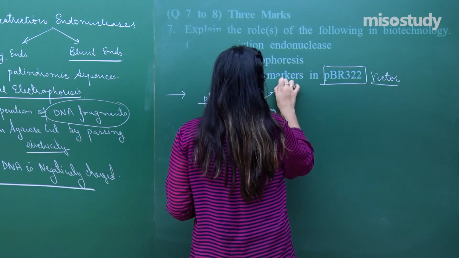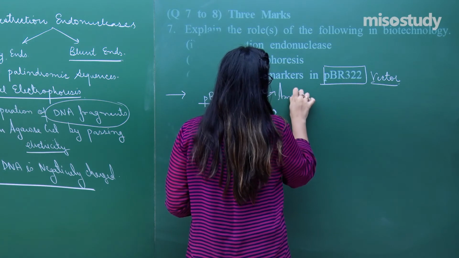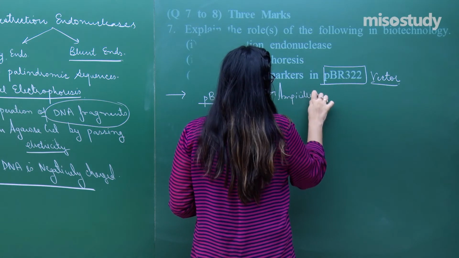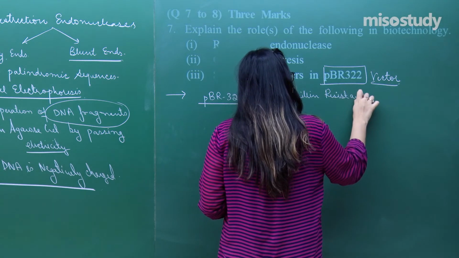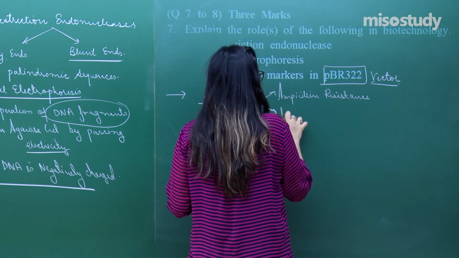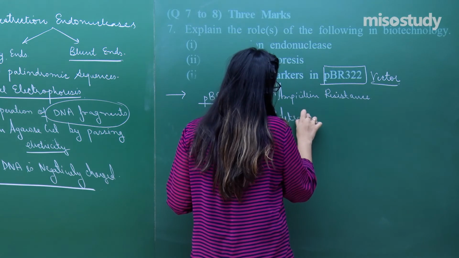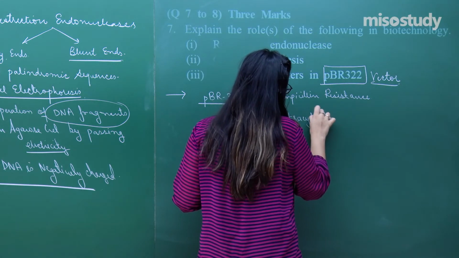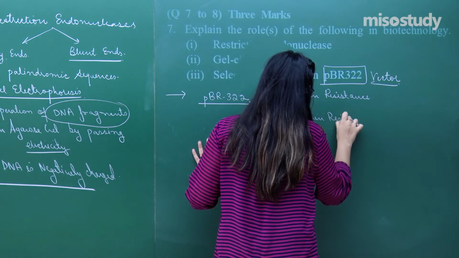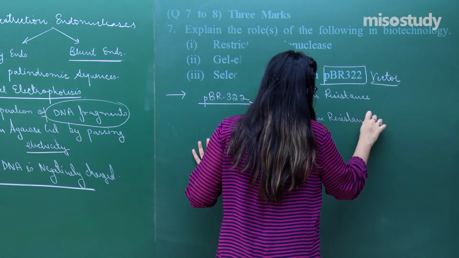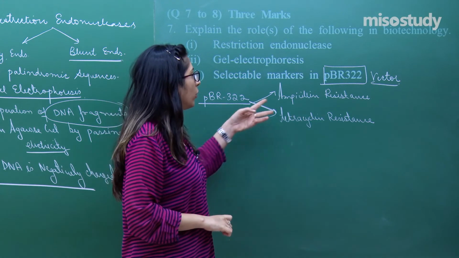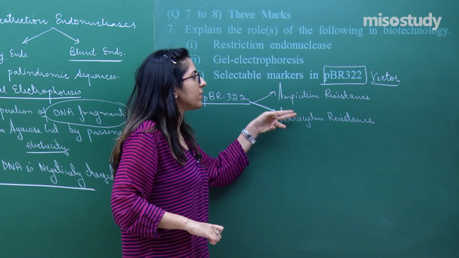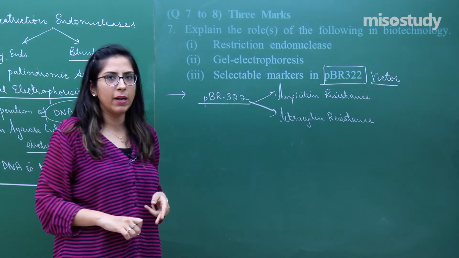One is called ampicillin resistance, and the second is called tetracycline resistance. Both provide resistance towards different antibiotics.